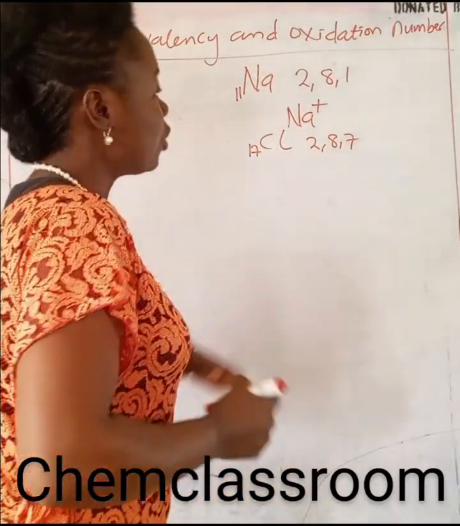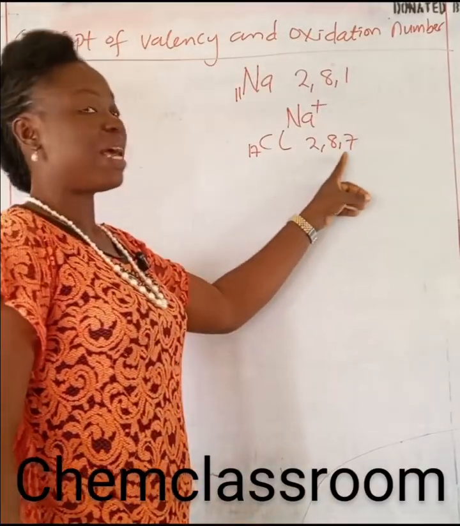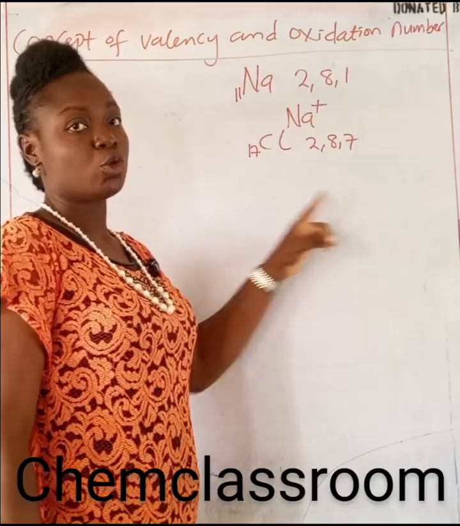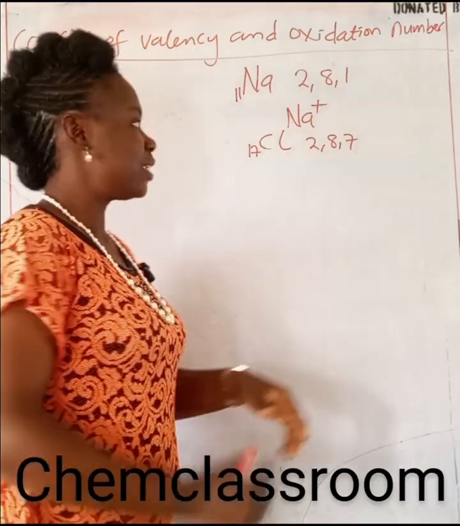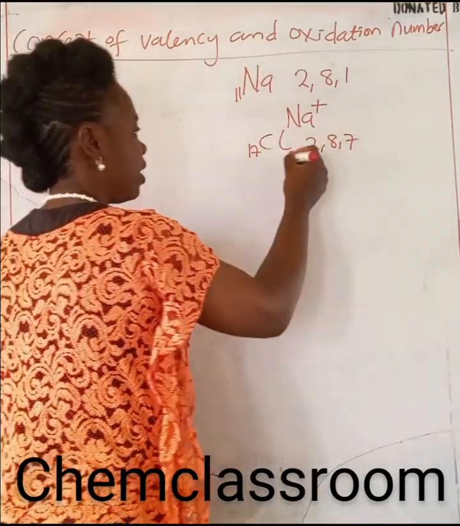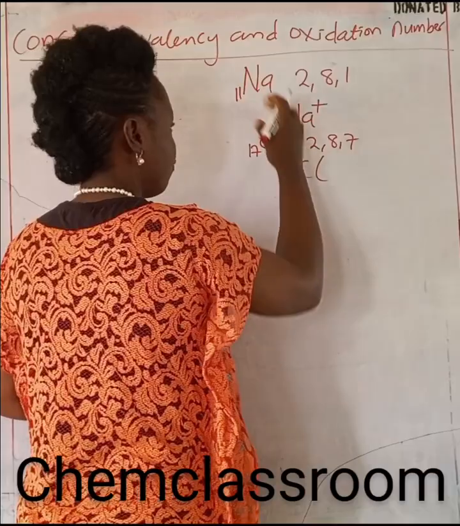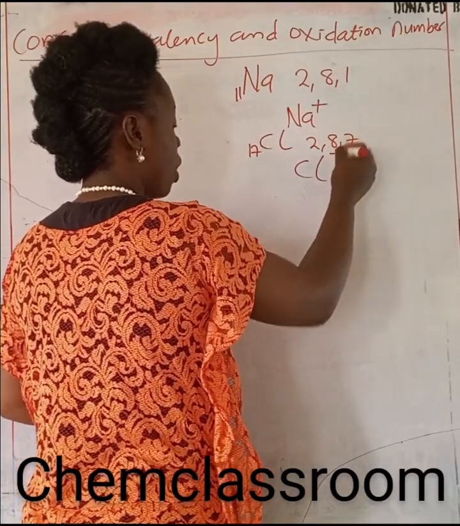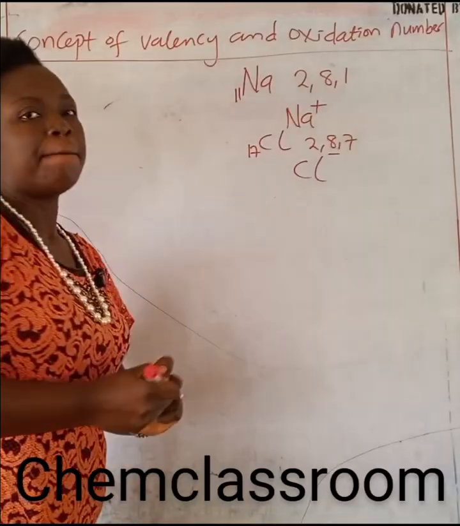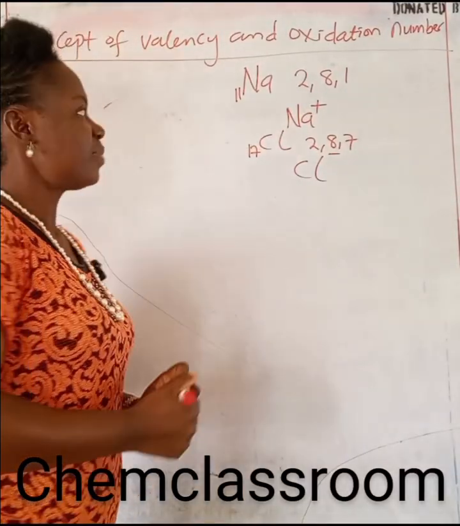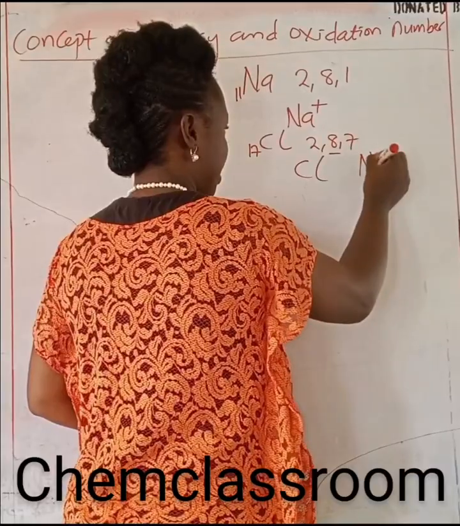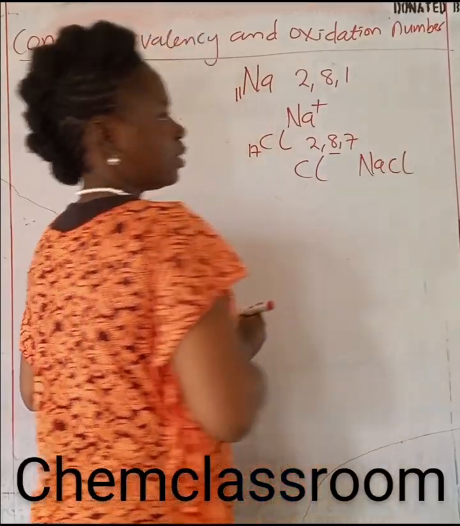But the oxidation number of chlorine is going to be -1, because it needs just 1 electron to complete the octet structure. By the time chlorine collects 1 electron from sodium, chlorine will be -1. So the oxidation number of chlorine is -1. That is how our sodium chloride is formed.